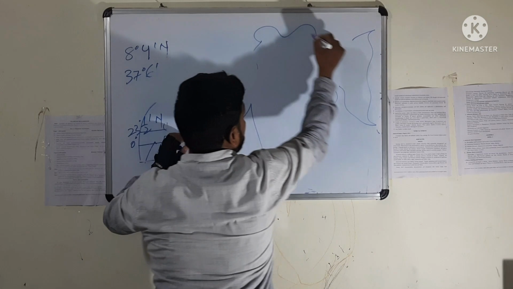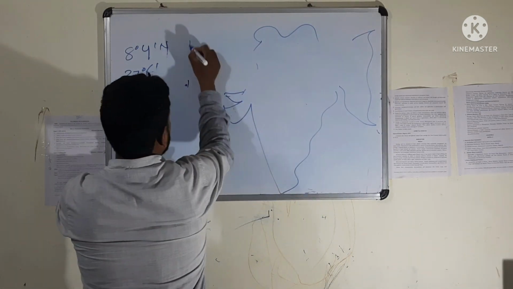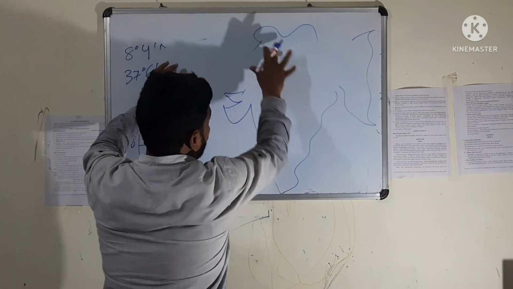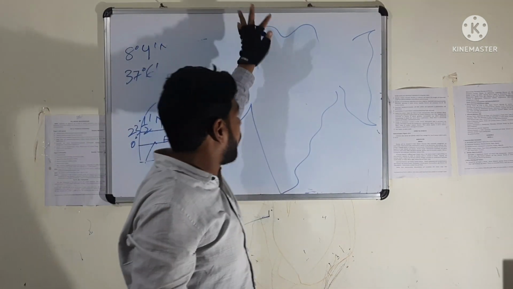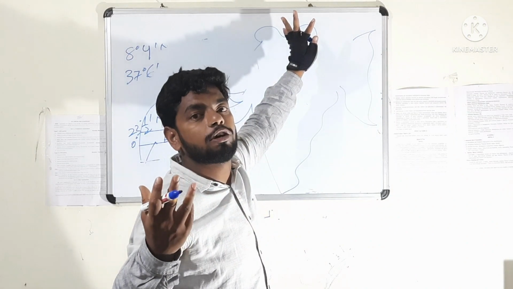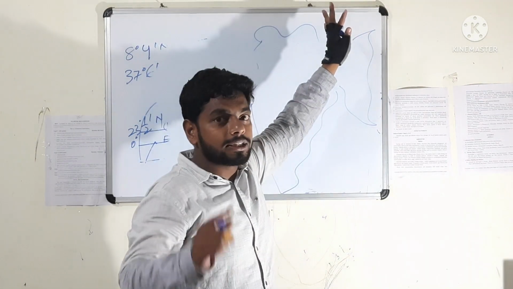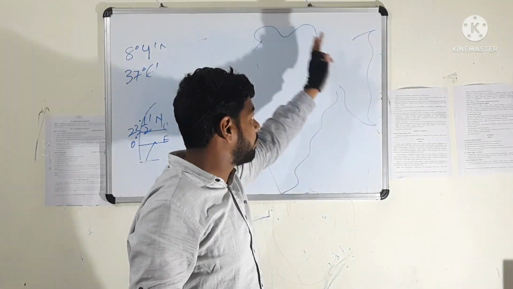The land boundary, as I said, the total is 15,200 kilometers. Already I told. And in the northern part, if you look at India physiographically, what is that? The Himalayan mountain, it extends from the Himalayan mountain.